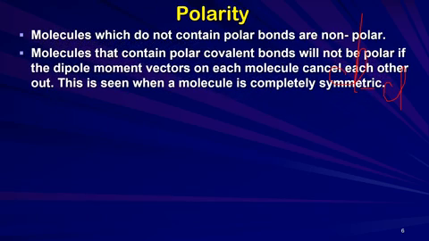If molecules contain polar covalent bonds, they will be polar if and only if the dipole moment vectors on each molecule do not cancel out, and they will not be polar if the dipole moments do cancel out. And that is what is explained here.